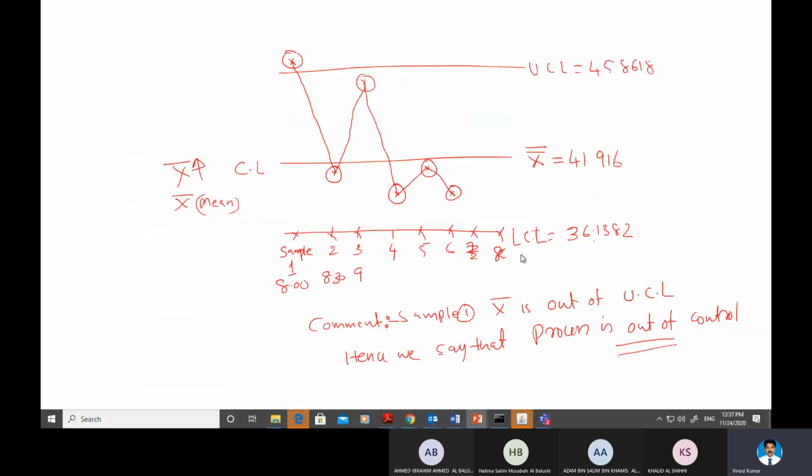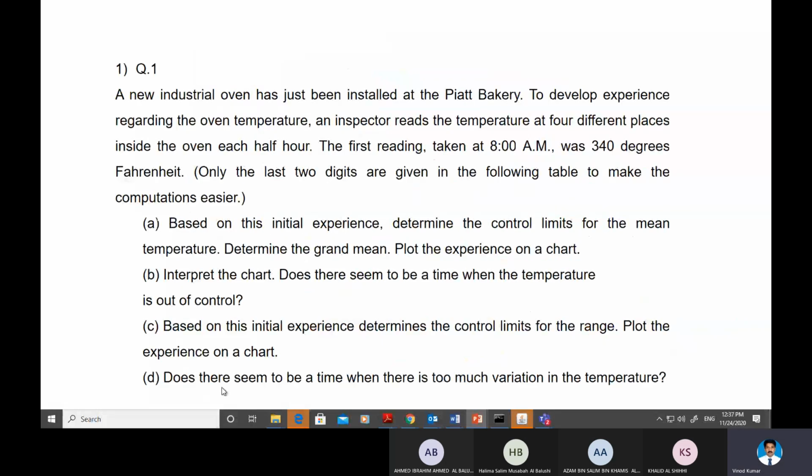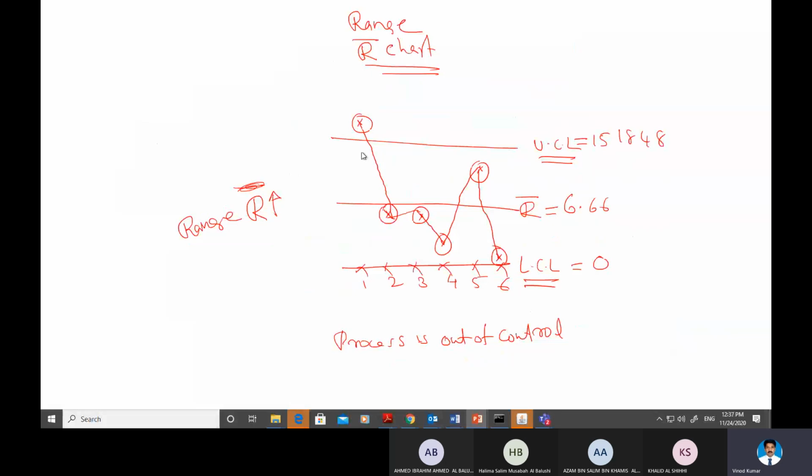Plot the experience on the chart. This is the plot. Now, does there seem to be any time with too much variation in the temperature? Variation means range, change. Do you think there is too much variation anywhere? Do you think there is too much variation, change, in any of the points?